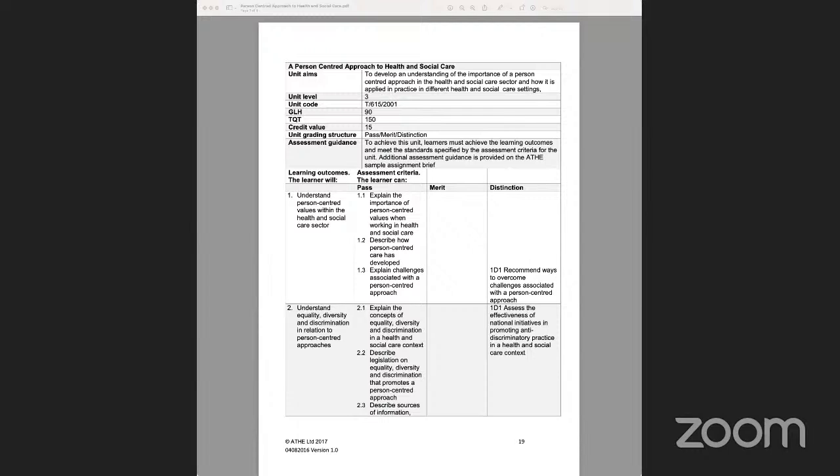This unit will help you build an understanding of its importance when it was introduced in the National Health Service, and why it is important when providing services.